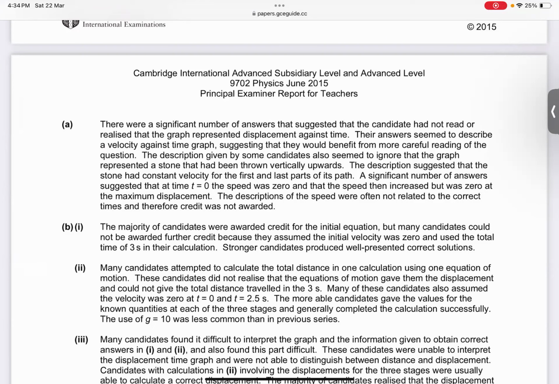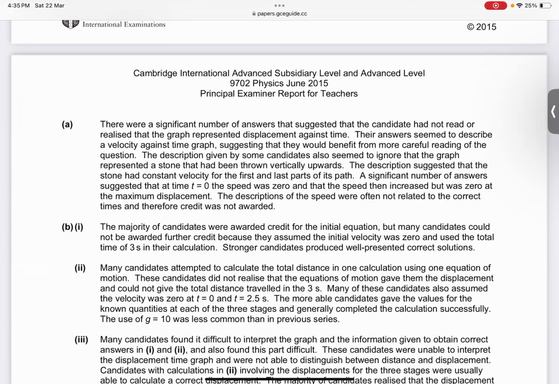The description given by some candidates also seemed to ignore that the graph represents a stone that had been thrown vertically upward. The description suggested that the stone had constant velocity for the first and last part of its path. A significant number of answers suggested that at time t equals 0, the speed was 0, but at time t equals 0, speed is not 0, okay? Because it is a displacement time graph, and the gradient of a displacement time graph gives the velocity, okay?